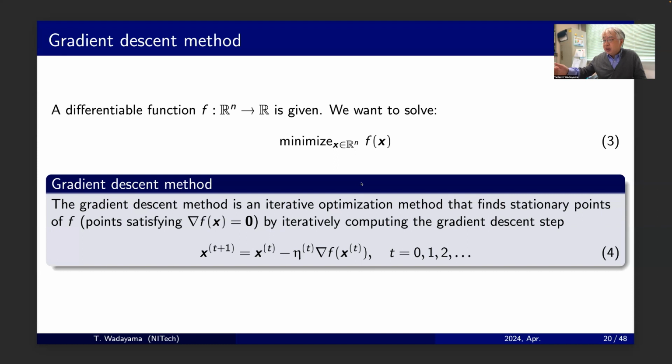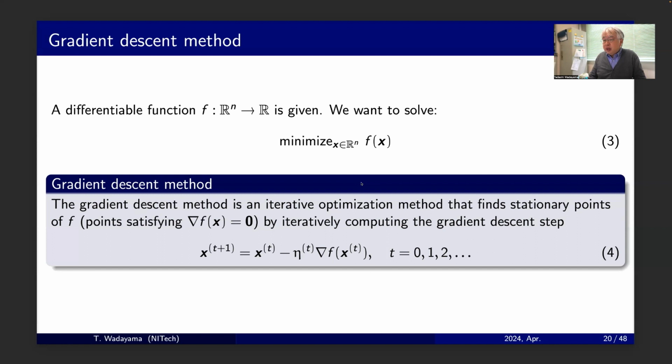You know the stationary points are the points where the gradient of f equals 0. These points are called stationary points. So the gradient descent method is a method for finding that kind of stationary point.